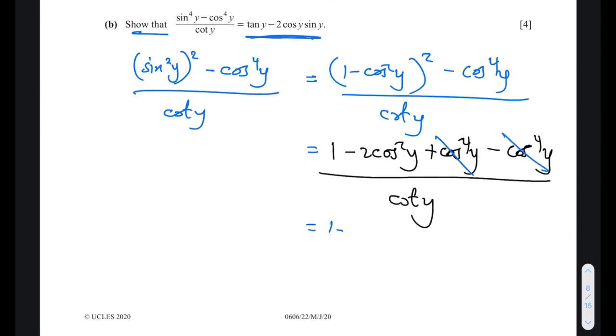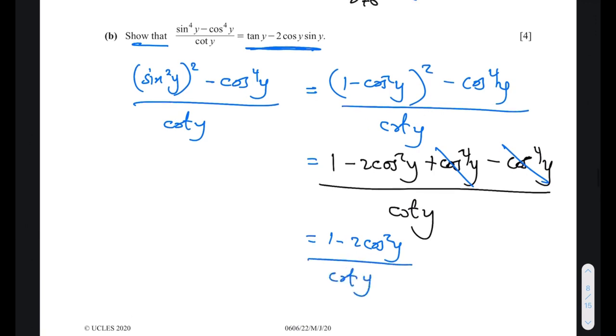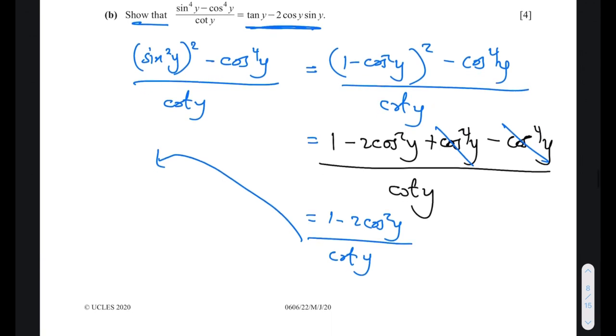So that means that we have 1 minus cos square y over cot y. They want us to get tan y and then something else. So let's bring this calculation here. I need more space for that. So this is the same as 1 over cot y minus 2 cos square y over cot y. So 1 over cot y is actually tan y.